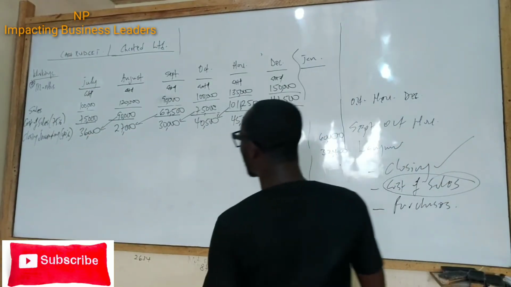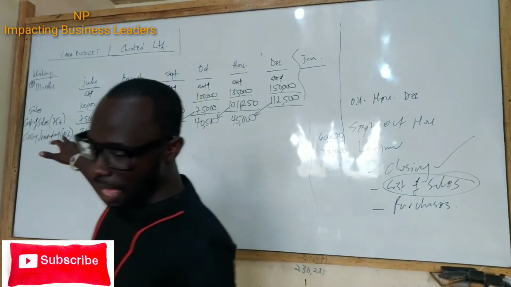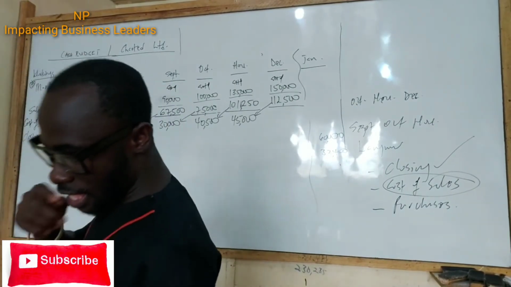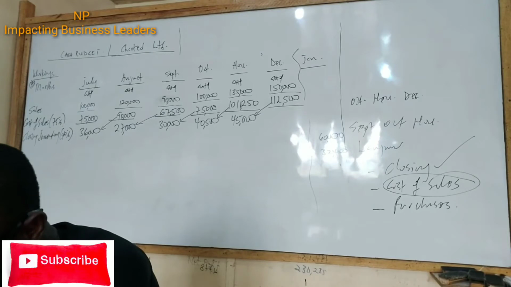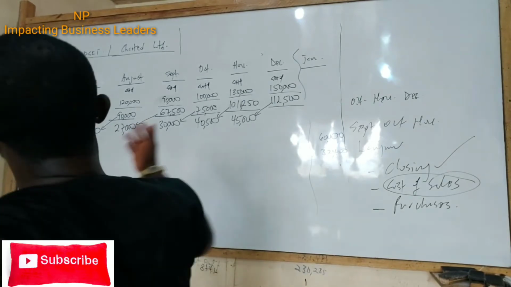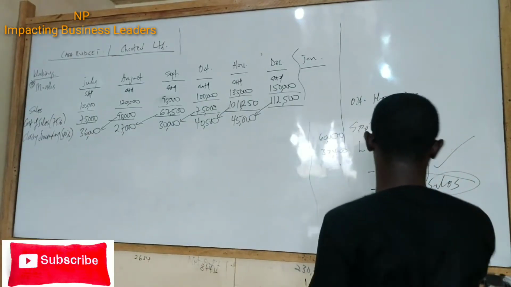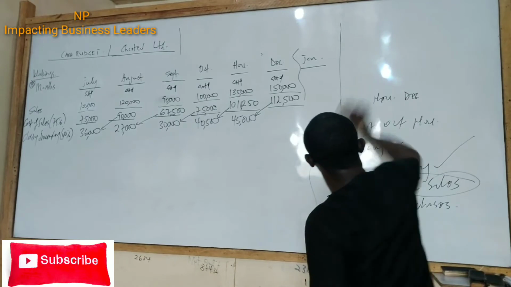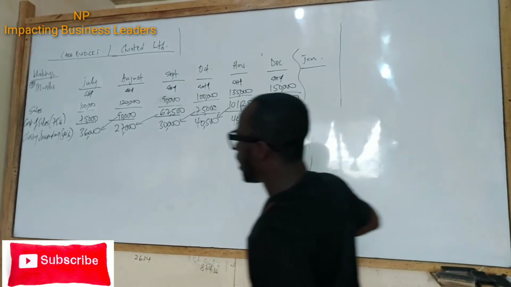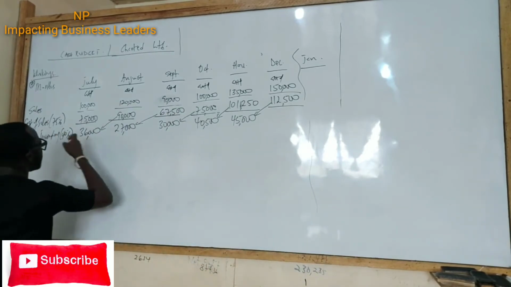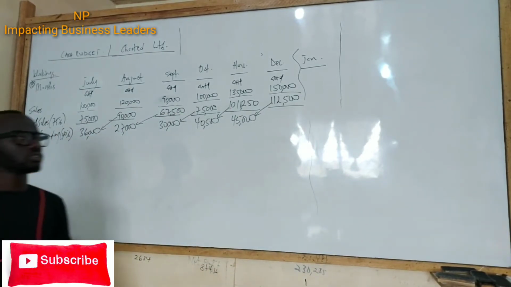So now that you have your closing stock, that is our main focus there. We need to look at the purchases and calculate how much goods we must buy for the month under consideration. Have you asked yourself why we needed the closing stocks?